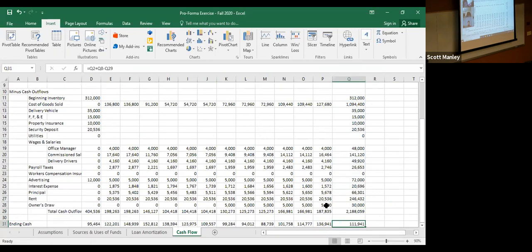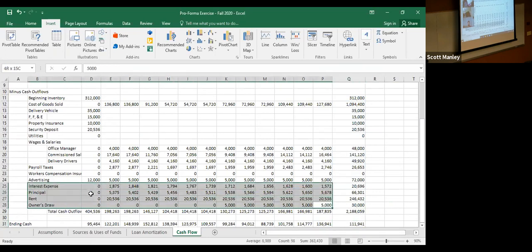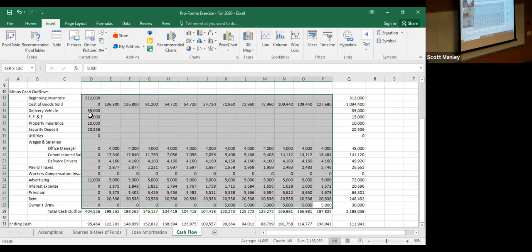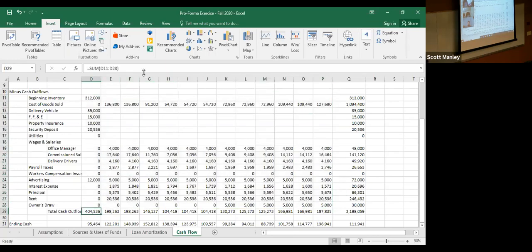Okay, here's the best way I can show you how to diagnose those problems. Again, get all of the cells that represent a cash outflow. Sum those up. $2,188,059. Is that the number that's in my total cash outflows? The answer is yes. Make sure that these are copied all the way across.